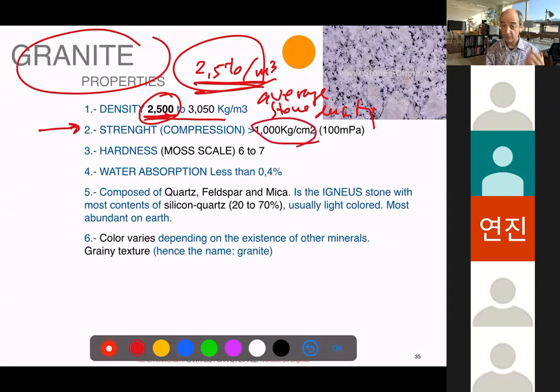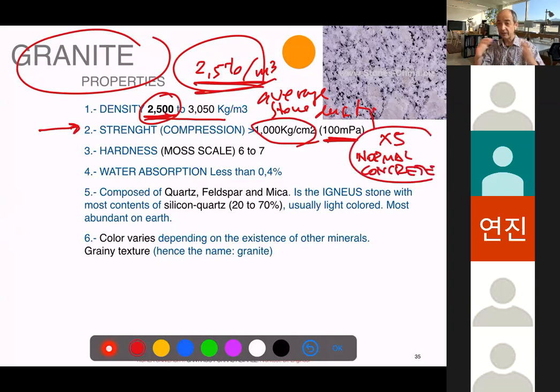Then this is important just to have an idea of how strong they are. 1,000 kilograms per square centimeter, or 100 megapascals, is like 5 times the normal concrete, and even higher than many high-strength concrete. So this is a really strong stone which can support a huge amount of pressure.